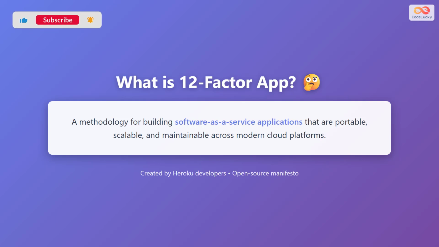The principles help teams avoid technical debt, improve collaboration between developers, and build applications that can adapt to changing requirements. Whether you're building a new application from scratch or modernizing an existing one, these 12 factors provide a solid foundation for success in the cloud.